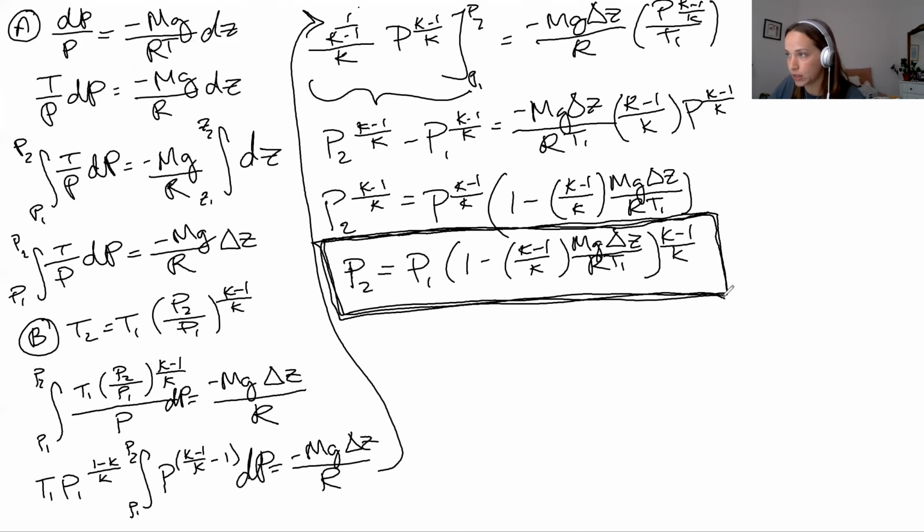So if we bring back equation B, we have T2 is equal to T1 times P2 over P1 to the K minus 1 over K. And we can use the P2 equation in here, plug in.